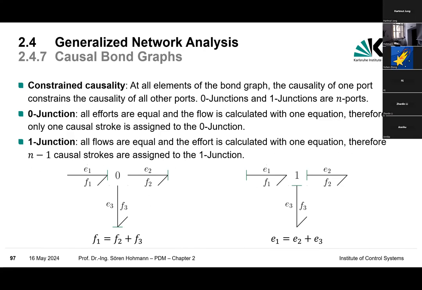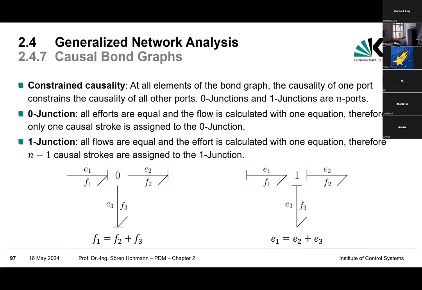Okay, so what is also needed, we have to define what happens at the 0 and 1 junctions. So you want to get out the flows. Therefore, for the zero junction, due to the fact that the efforts are equal, we have one flow in, 2 flows in and 1 flow out. And for the 1 junction, it's opposite. We want one effort variable to be calculated, saying that one effort variable is given by the others.